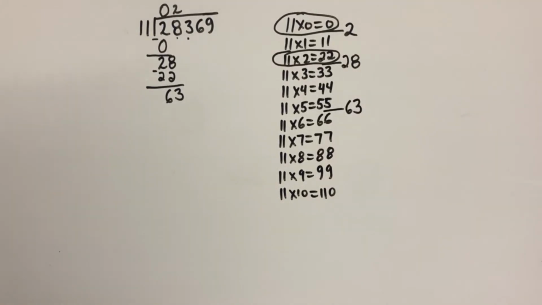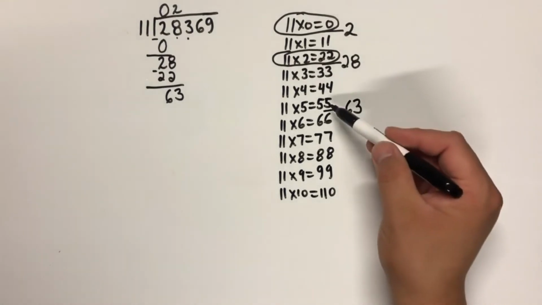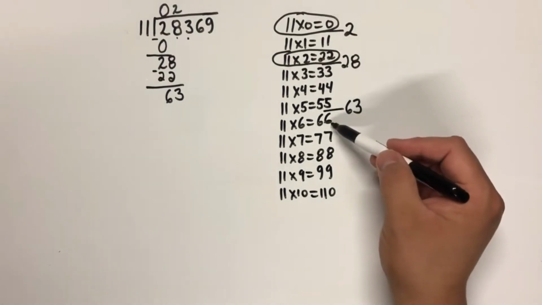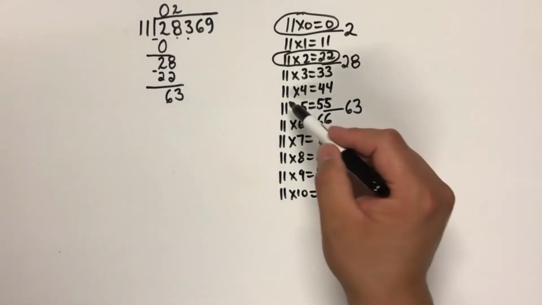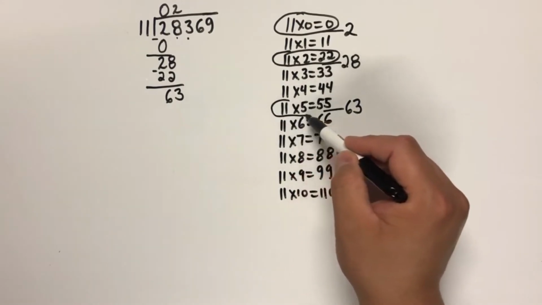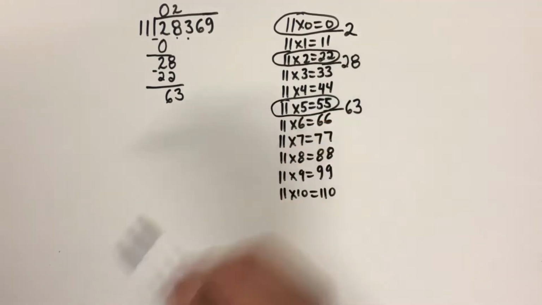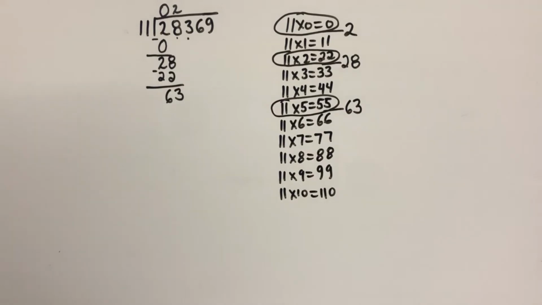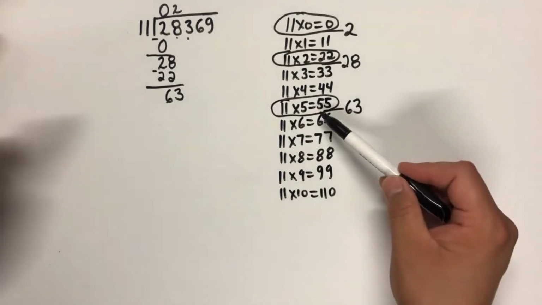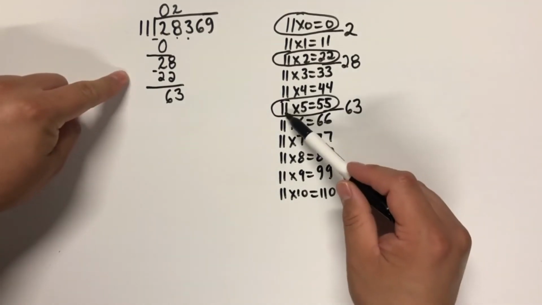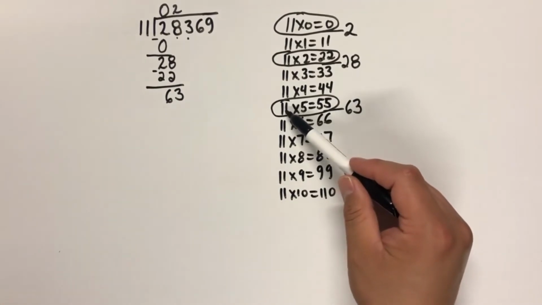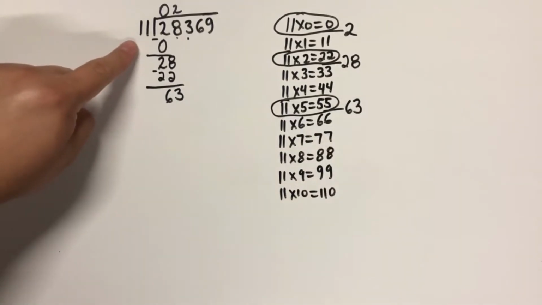Okay, and between the 55 and the 66, the smallest one is the 55. So I'm going to choose the entire expression, 11 times 5 equals 55. Okay, now I'm going to use those numbers over here. This 11 right here is that 11 right there.